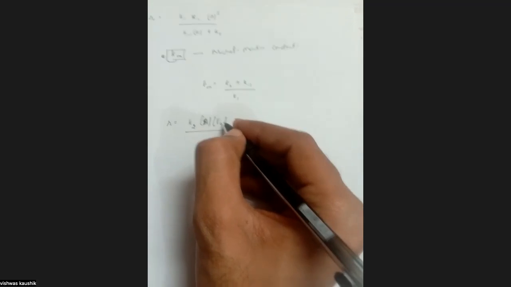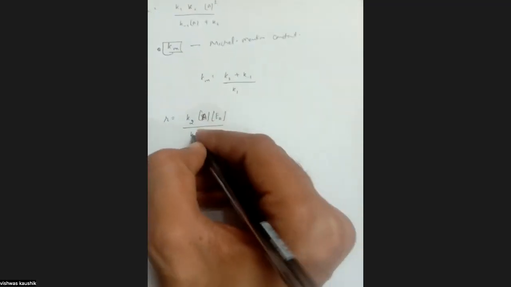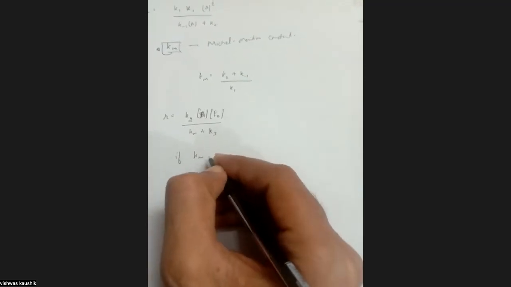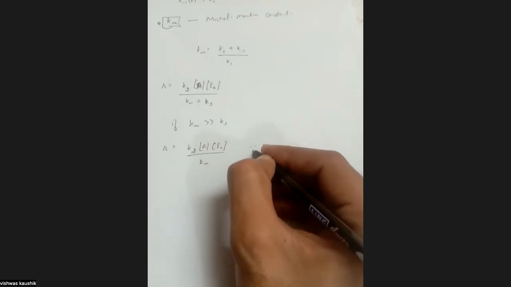If Km is greater than Ks, rate will be K2 initial concentration of substrate and E naught divided by Km, because sir, Km plus Ks will approximately be equal to Km.